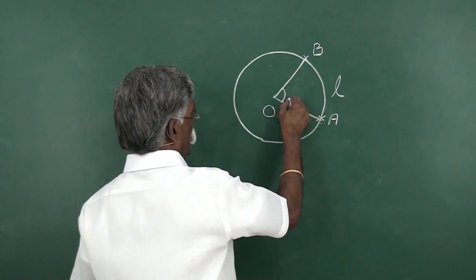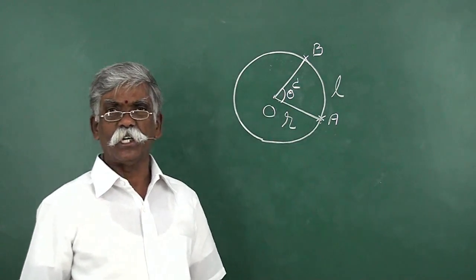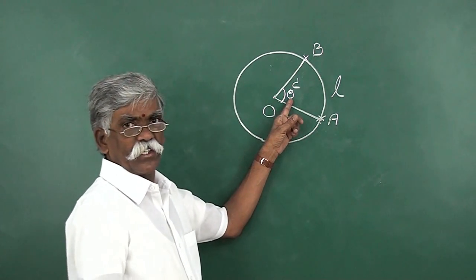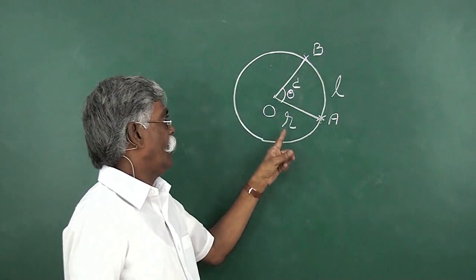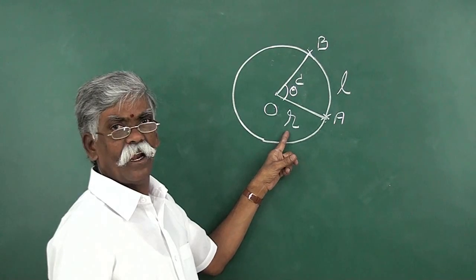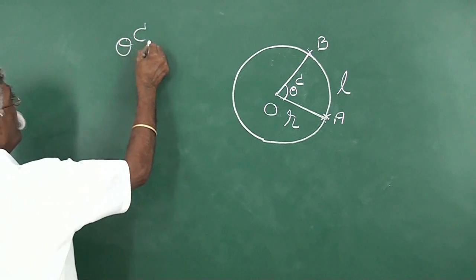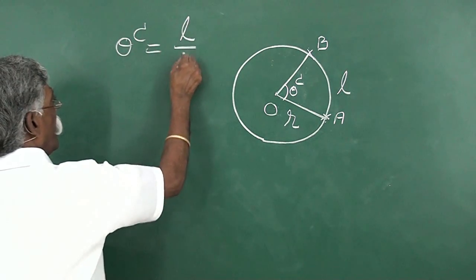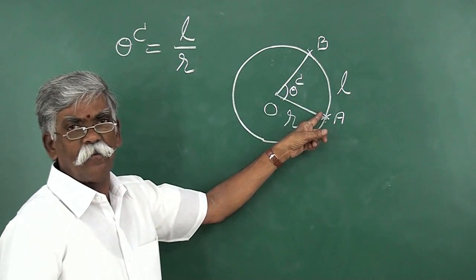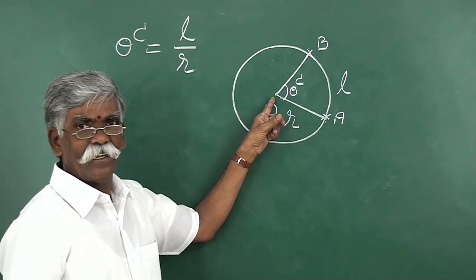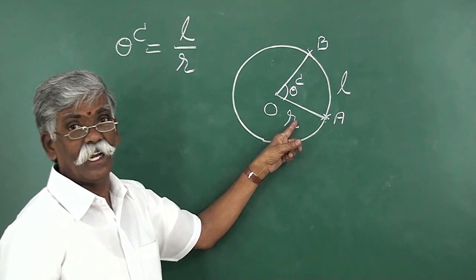Hence, if this is marked as theta radians, theta power c means theta radians, then this theta radians is the ratio between the length of the arc L and the radius of the circle R. Therefore, theta radians is equal to L by R. So the angle subtended by the arc of a circle at its center is the ratio between the length of the arc and radius of the circle in radians.